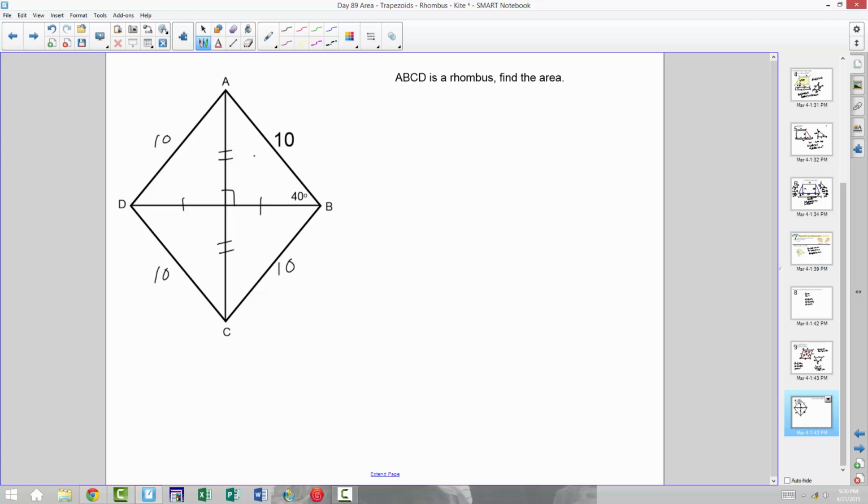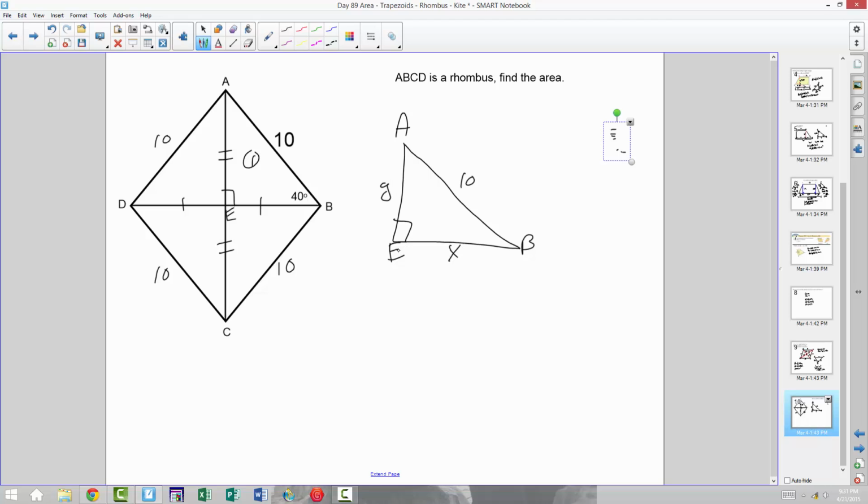So you should notice here in triangle ABE, you have a right triangle. So I'm going to redraw triangle ABE. I need x and I need y.